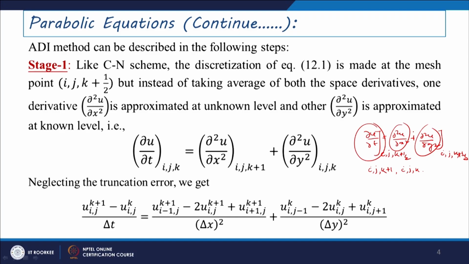In the Crank-Nicolson scheme itself, we consider the average of this one and this one at a particular time level, plus this one at the next time level. But here in this case, we are marching with the x space coordinate at the i, j, k plus 1 level, and the y space coordinate at the i, j, kth level.